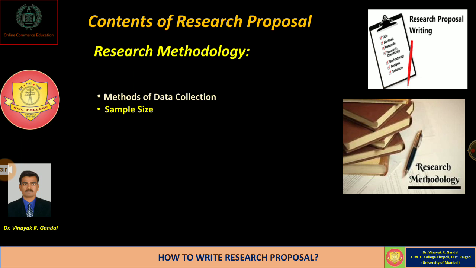So normally the research is based on either primary methods of data collection or secondary methods of data collection, or on both. So depending on the nature of research, a researcher has to select the methods of data collection.